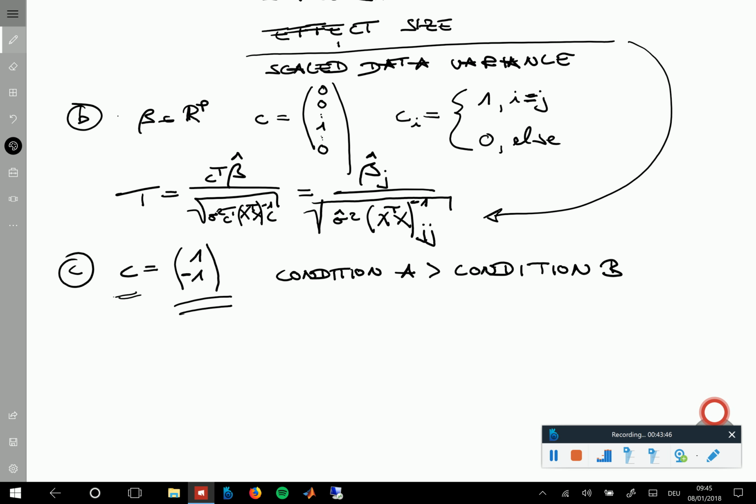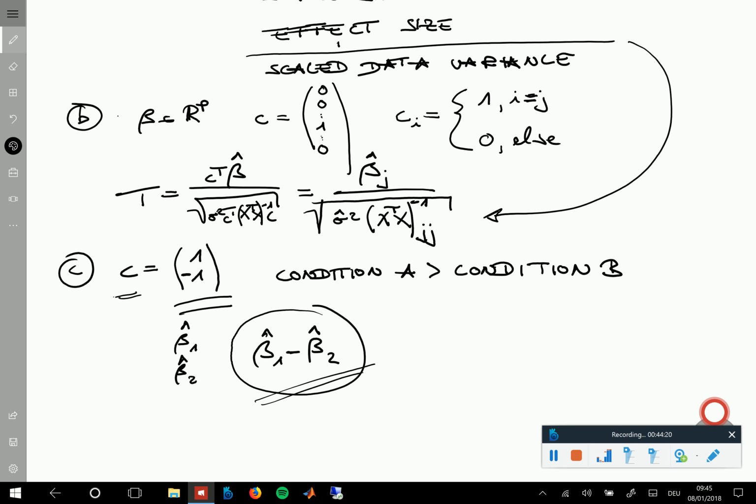So, for example, if you have beta 1 and beta 2, then with this contrast vector, you would create the difference beta 1 minus beta 2, and then again look for the size of this difference with respect to some measure of the variability.